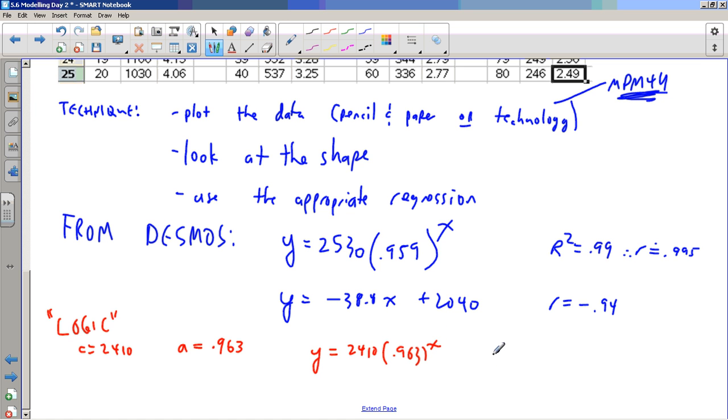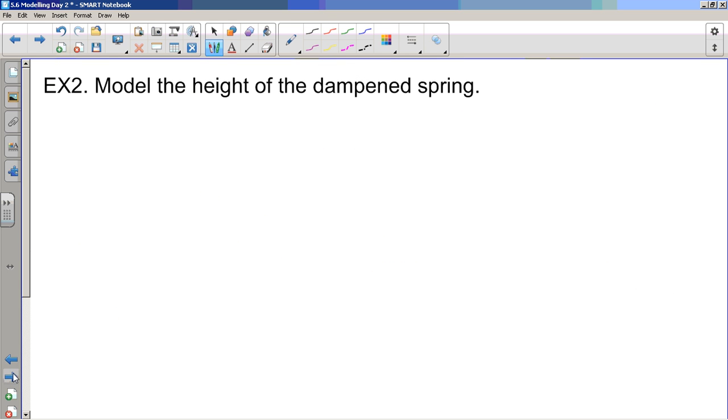And that is completely up to you. The next example, I think, is even more fun. The next example is to model the height of the dampened spring. The dampened spring I show you in what I'll call part 2, about what the dampened spring is, and then we'll analyze that data in part 3 coming up.